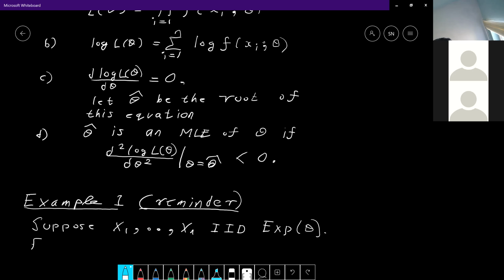And suppose we want to find the MLE of theta.